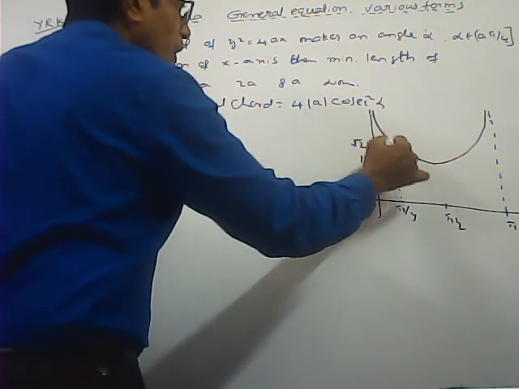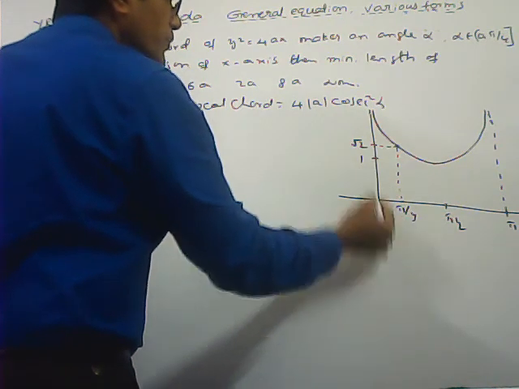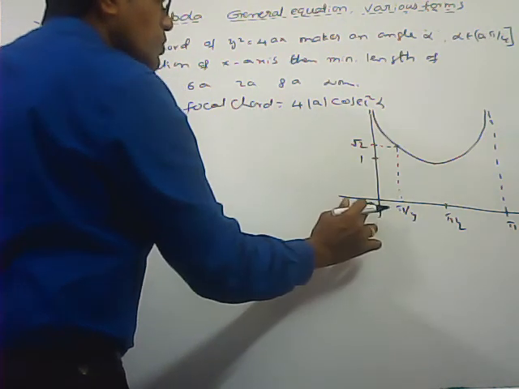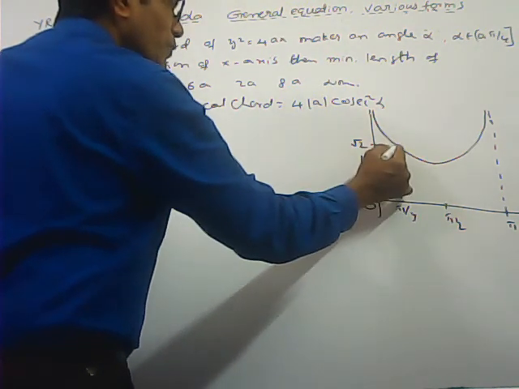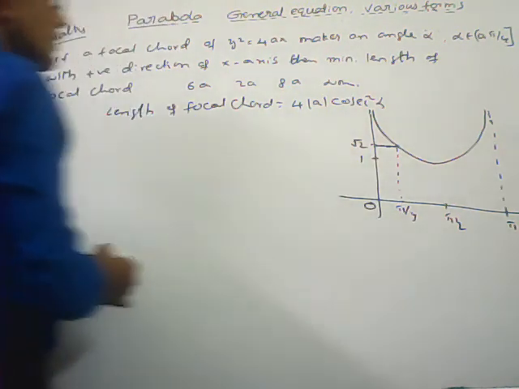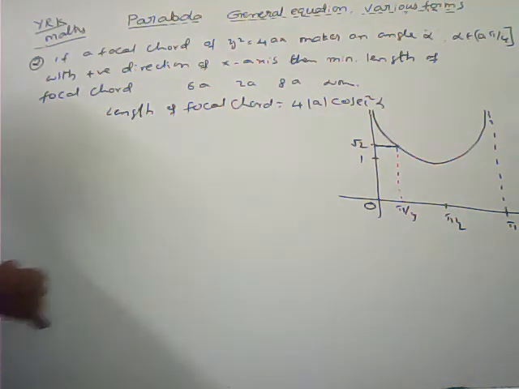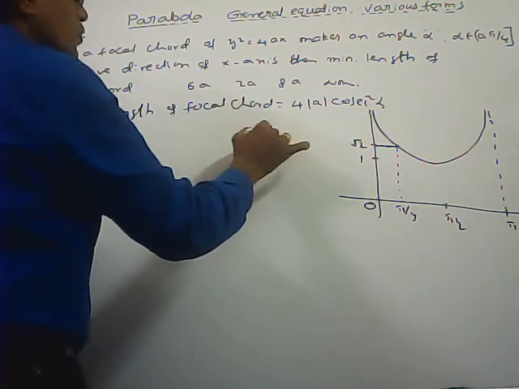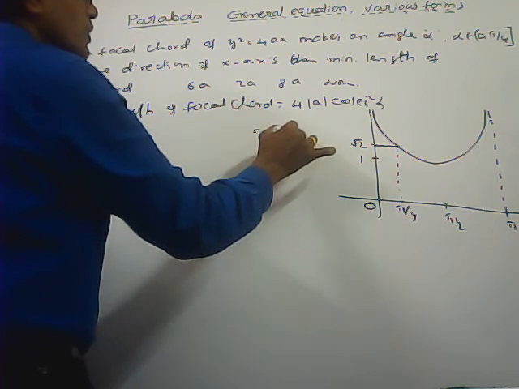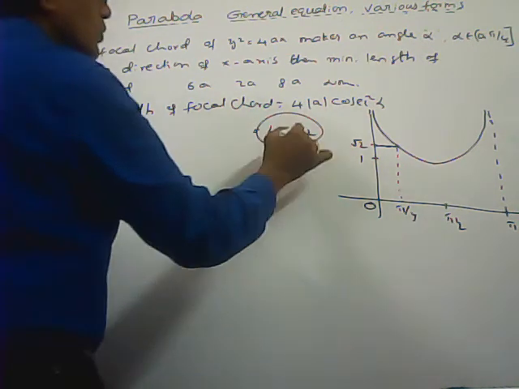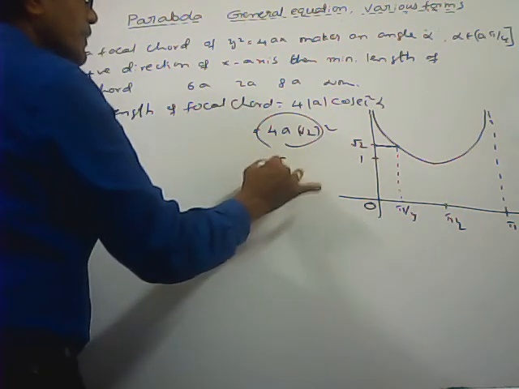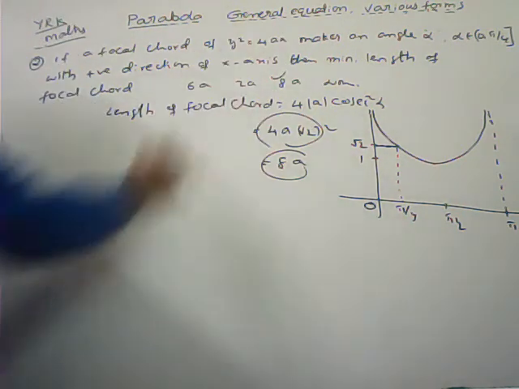So the minimum value we get at pi by 4 only. Cosecant pi by 4 is the √2, that is the minimum value in that interval. 4 into a into cosecant square alpha, with cosecant alpha √2, so 8a. So the third option we can keep.